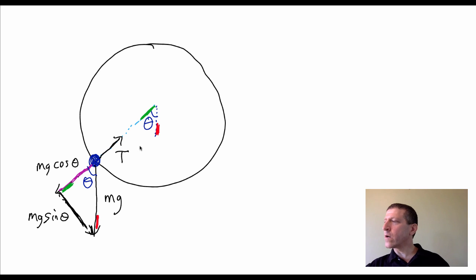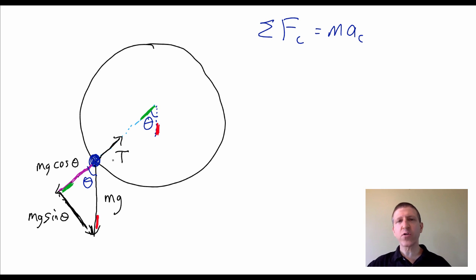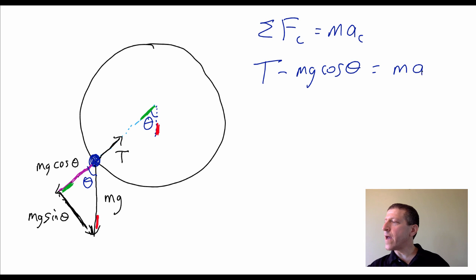So when we write our Newton's second law equation, again the general equation, net force C equals MAC, our radial forces are T, and ask yourself, is that going to be positive or negative? Well, tension is towards the center, positive, T, and then this force is going to be negative because it's away from the center. But what is that force? It's mg cosine theta. And that, in this case, will equal MAC.